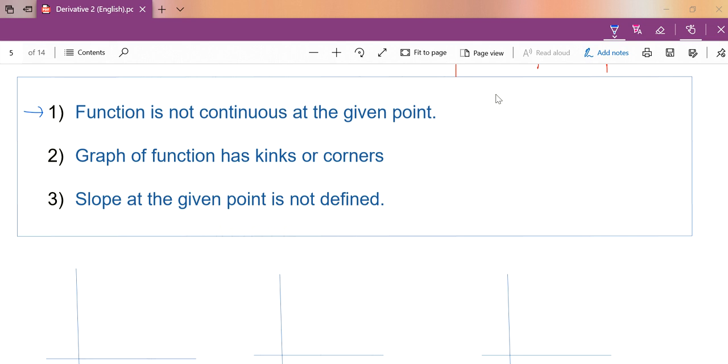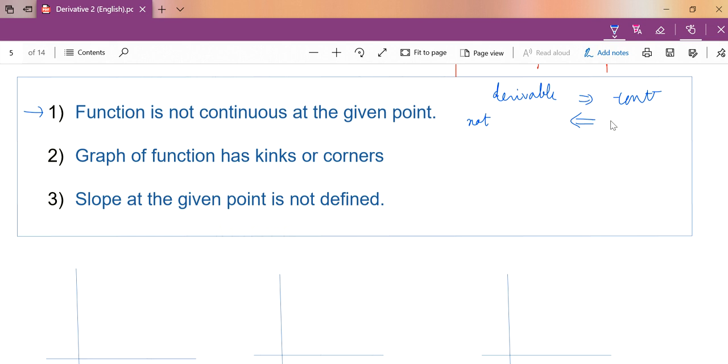Because if my function is derivable, then we can prove that it is continuous. Now if I put negation on both sides, not continuous implies not derivable. So if it is derivable, it is continuous.